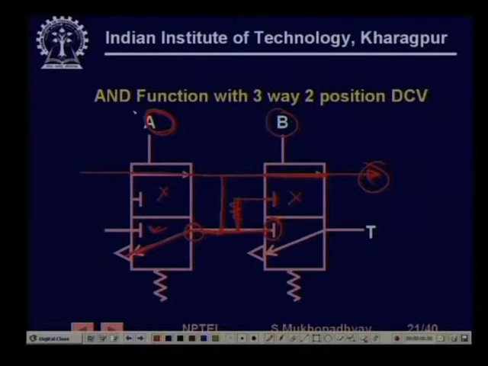Similarly, if this is taken off, then the system will directly be connected to the exhaust. This is the exhaust. So, if any one of these inputs is taken off, then the system is going to be connected to the exhaust. Even if both are taken off, it is still connected to exhaust. So, it is AND logic.